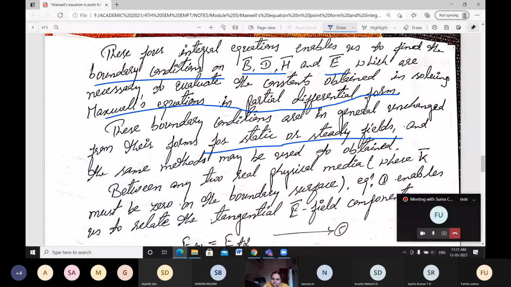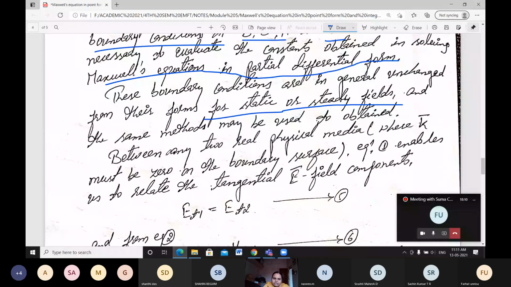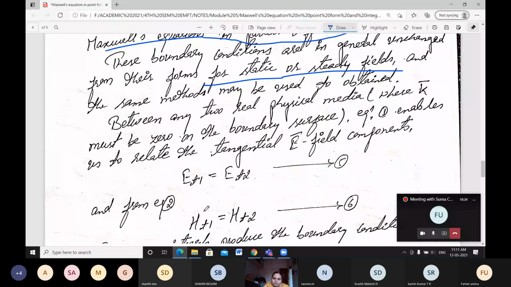Then between any two real physical media, where K must be 0 on the boundary surface, equation 1 enables us to relate the tangential E field component. Then Et1 is equal to Et2. Take that as equation 5.